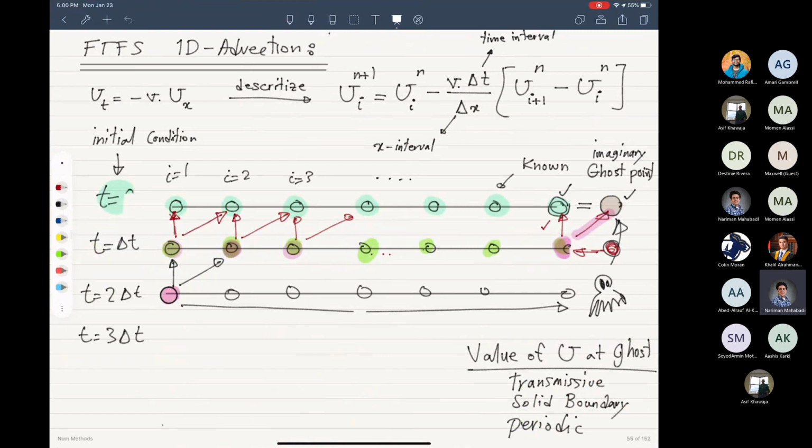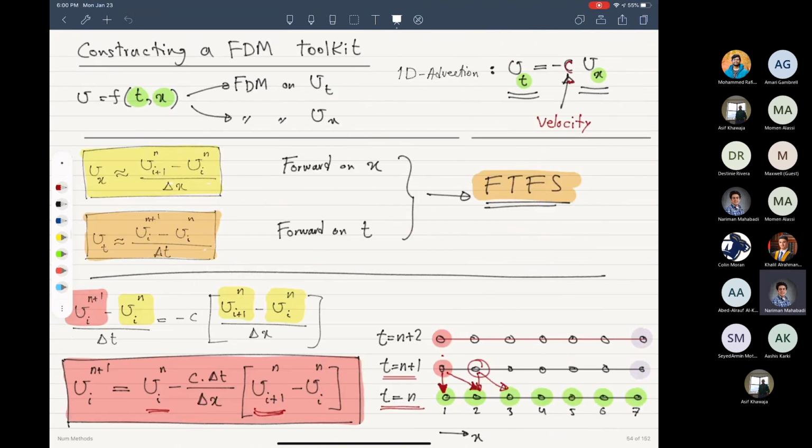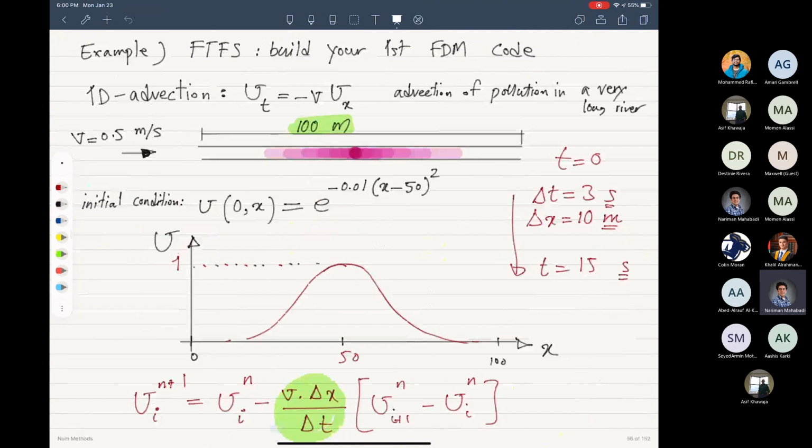Okay, so the derivation should be this actually. The delta t should be on top, delta x on the bottom. So that's the correct derivation. But what I just wrote here is vice versa. So this is a mistake. This should be v delta t divided by delta x. So now you can correct this.